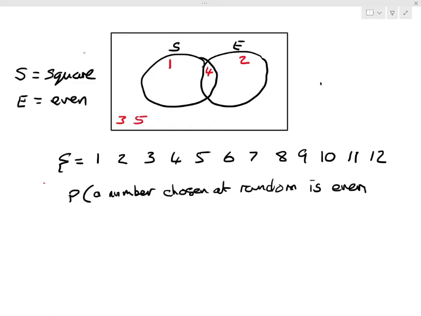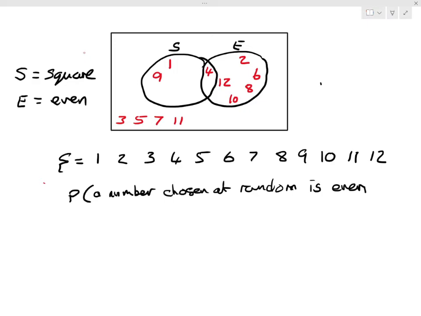Number 6 is even but not a square. Number 7 is odd, so that goes there. Number 8 is even but not a square. Number 9 is a square number but not even, so it goes over there. Number 10 is even but not a square. Number 11 is neither. And number 12 is even but not a square, so we'll put that there.